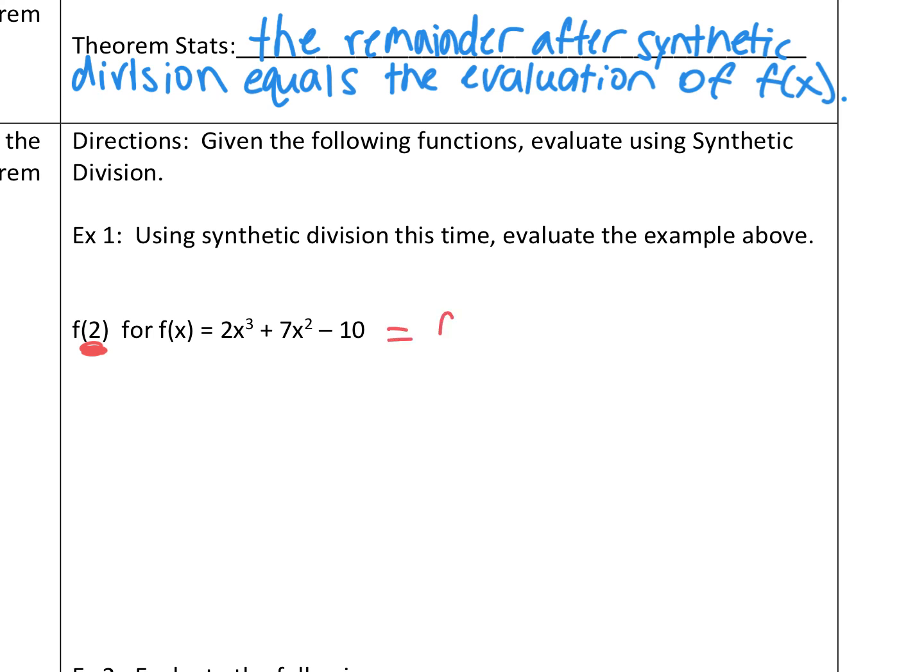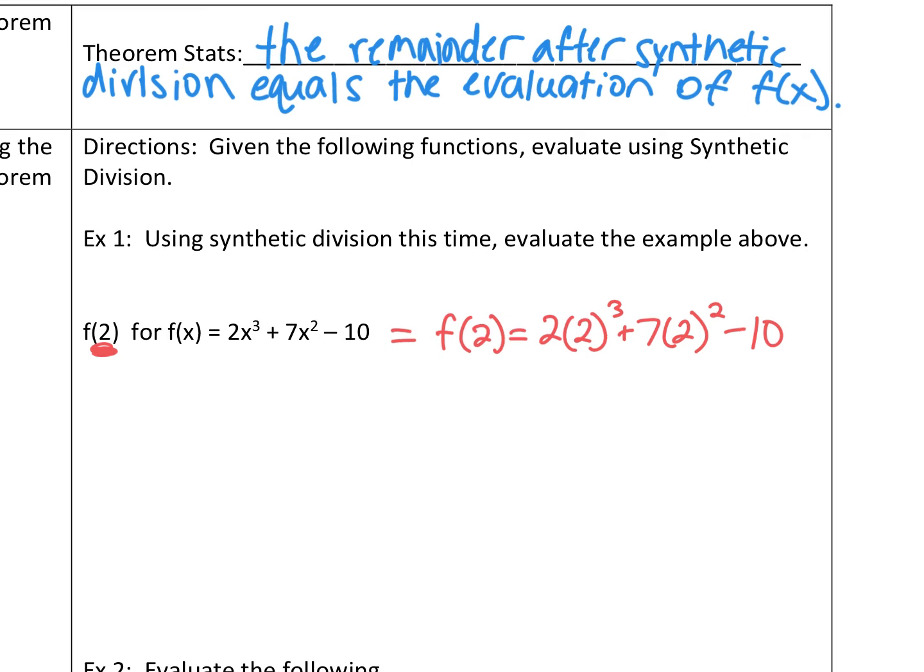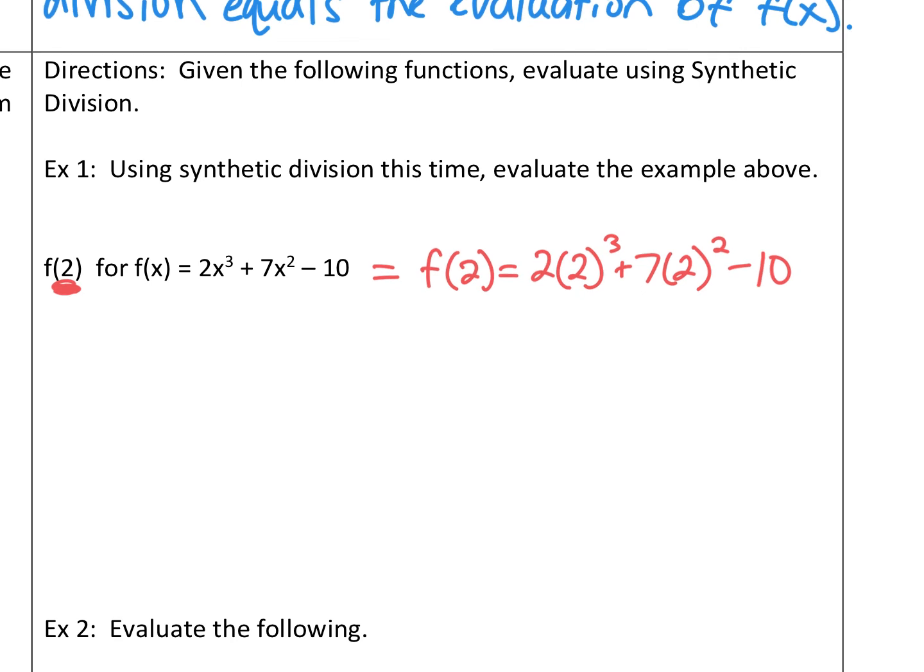So we would have just plugged in 2 for every single x in that, which in this case would have been pretty easy. You could have done that in a calculator, and you would get an answer. If you want to write down what that answer is, do it, but don't shout it out loud. We're actually going to get that same answer if we set up synthetic division.